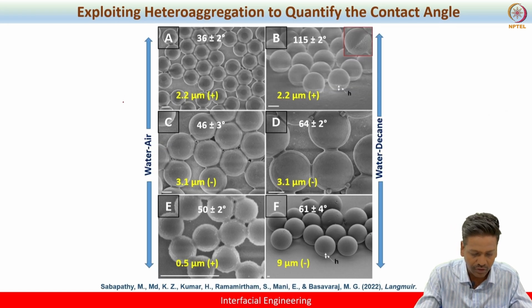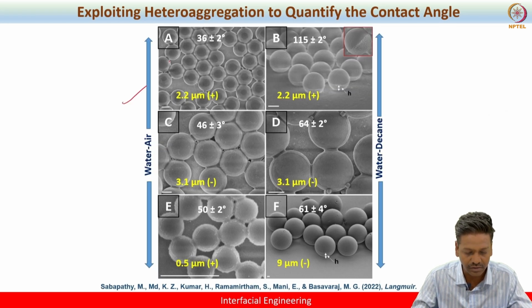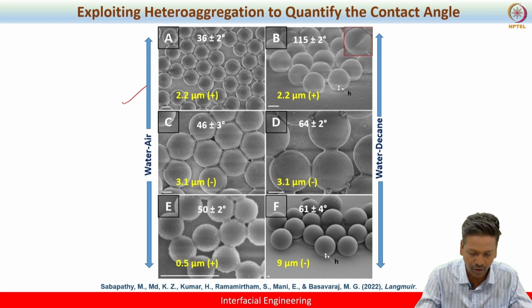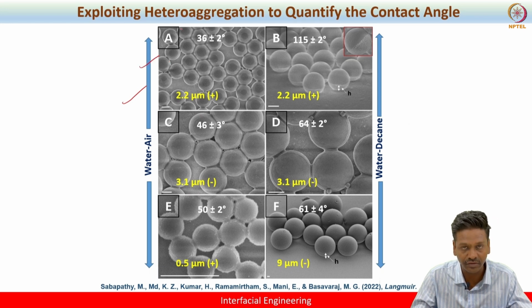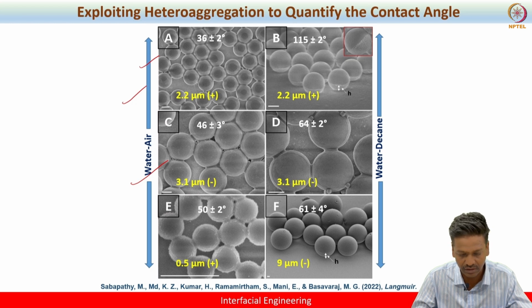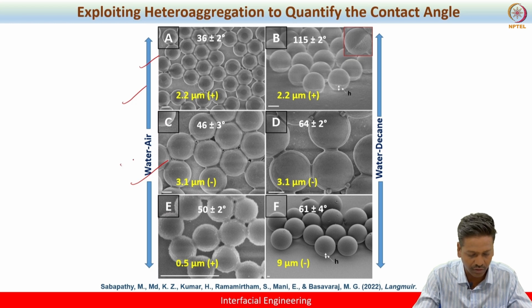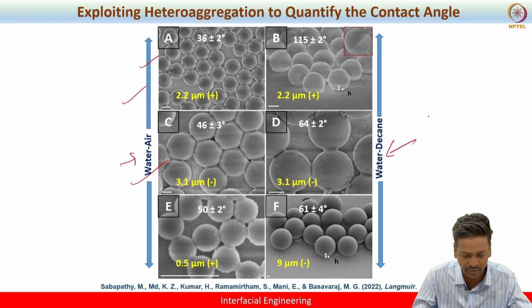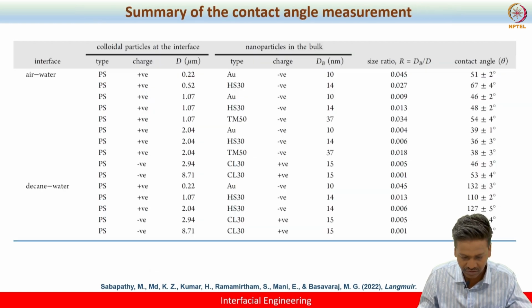So here we show different types of particles: let's say you have a positively charged particle which is amidine functionalized, and you also have a negatively charged particle which is sulfate functionalized, with different sizes of particles at different interfaces, the water-air interface and the water-decane interface. You can see that the contact angle for these cases can also be measured using this technique.